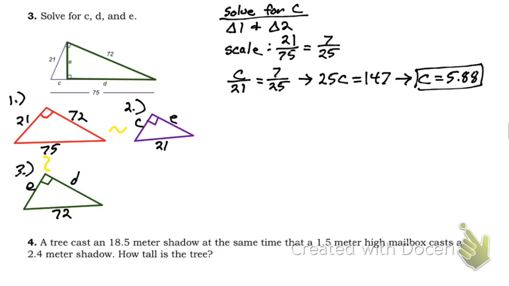Now, using 1 and 2, could we solve for another side? Yeah. What side could we solve for, Sam? Let's see, so if I go E. Why not use the exact same triangle, because I can use the same scale factor.